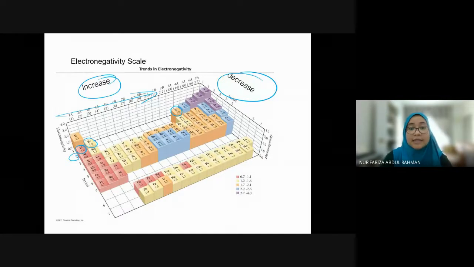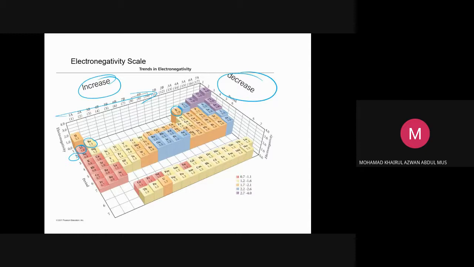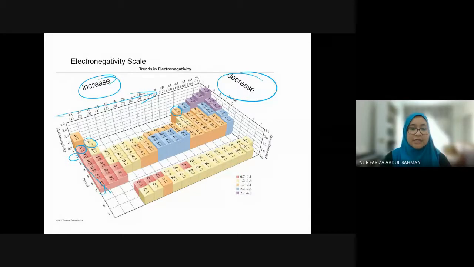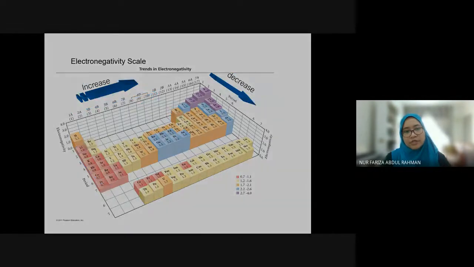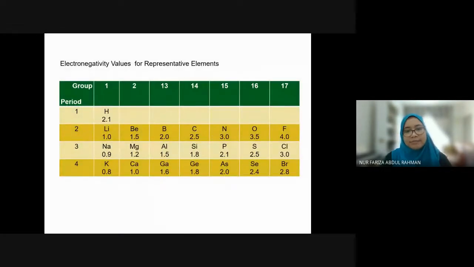See? Increasing. The electronegativity values increase across the period, and down the group it decreases. So those are the values. This is also an example to show across the period, as you can see, it increases. So fluorine is the most electronegative.